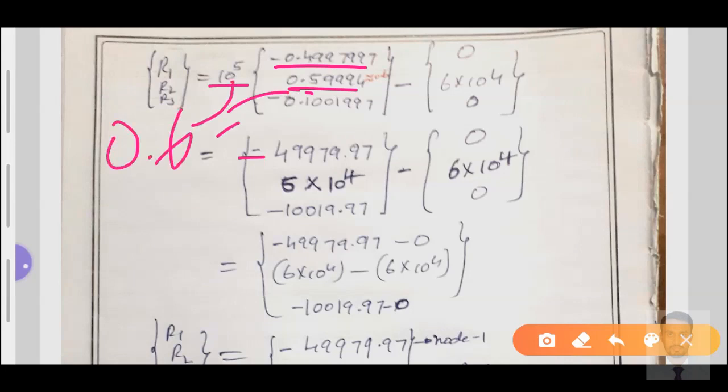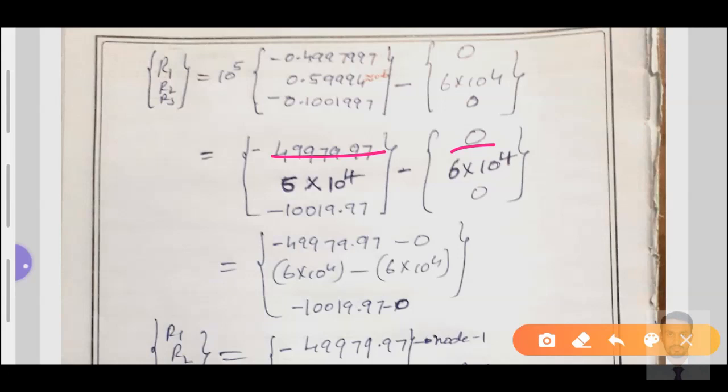When we multiply by 10 to the power of 5, it becomes 6 into 10 to the power of 4. Similarly here, this value becomes minus 10019.97. Now we subtract: 6 into 10 to the power of 4 minus 6 into 10 to the power of 4 equals 0, this minus this.